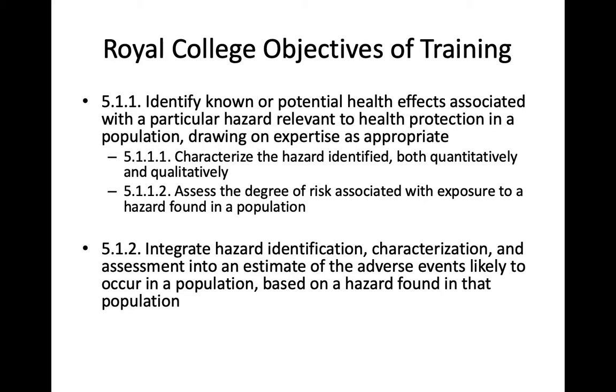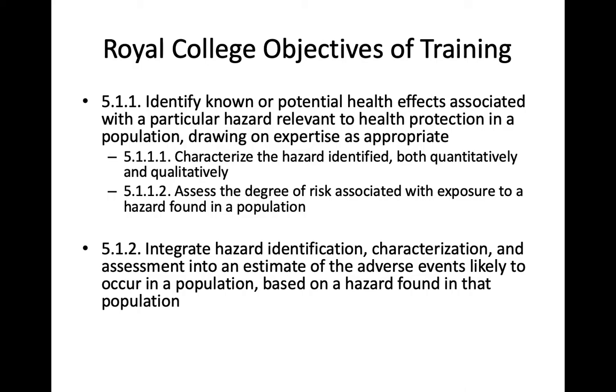So, the Royal College Objectives of Training for Public Health and Preventive Medicine state that 5.1.1 identify known or potential health effects associated with a particular hazard relevant to health protection in a population, drawing on expertise as appropriate. And a subcategory for that is to categorize the hazard identified both quantitatively and qualitatively.